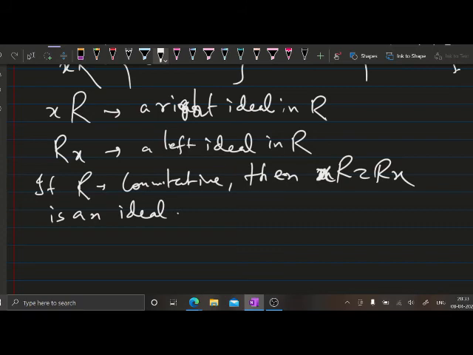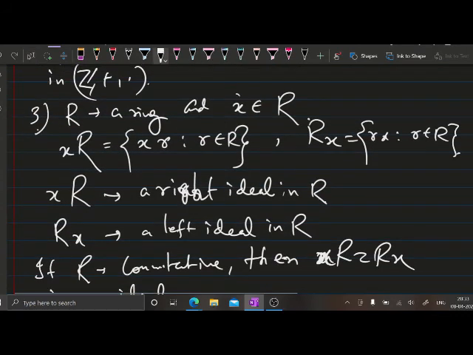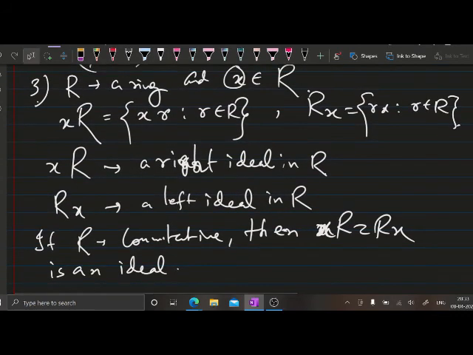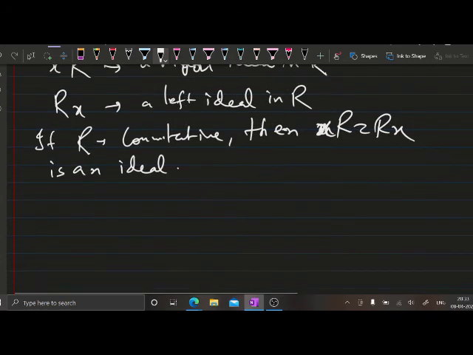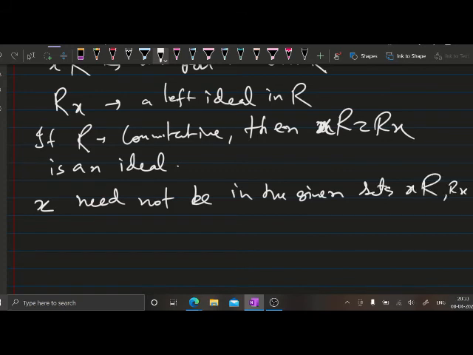Now one may feel that this x belongs to these subsets, but this is not the case, because x need not be in the given sets xR and Rx.